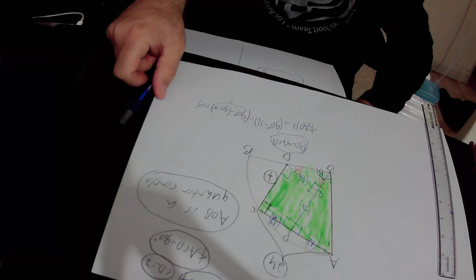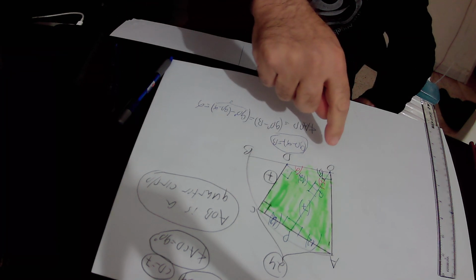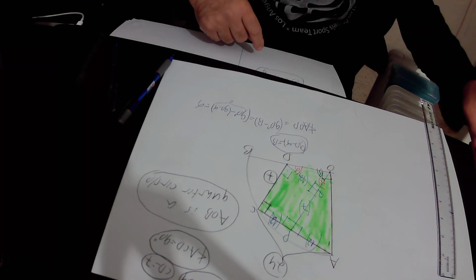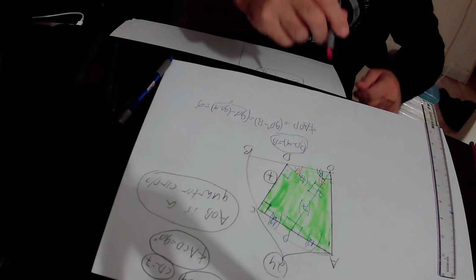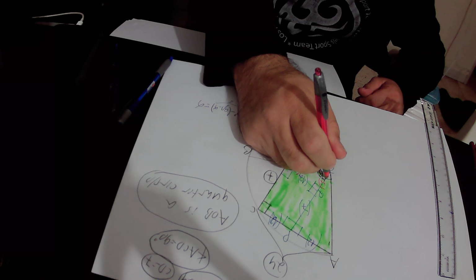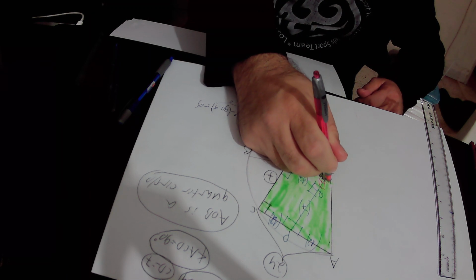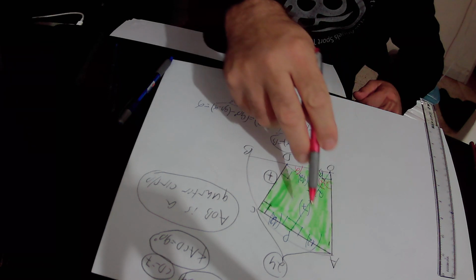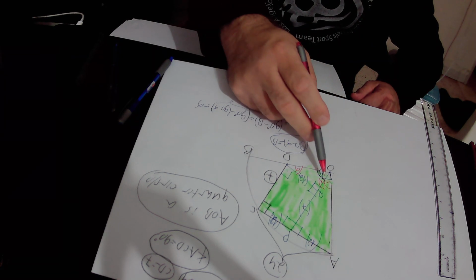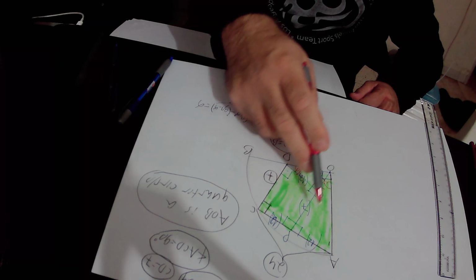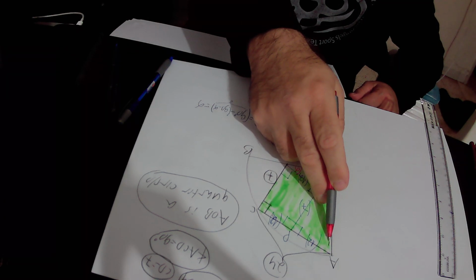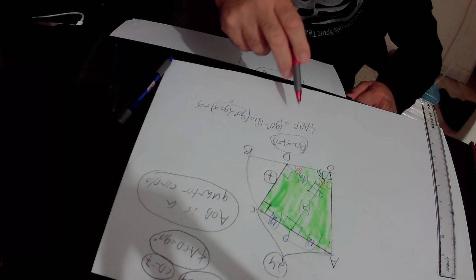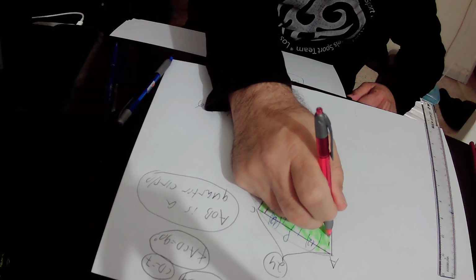Therefore, the missing angle AOP will be equal to alpha degrees. This angle equals alpha. So in the right triangle APO, this angle equals alpha, this angle equals 90 degrees. Therefore, the missing angle must be equal to 90 degrees minus alpha. But 90 degrees minus alpha equals beta, so I can write here that this angle equals beta.